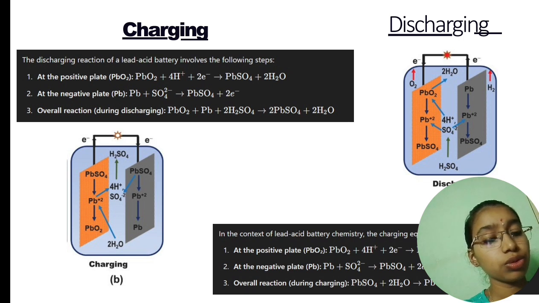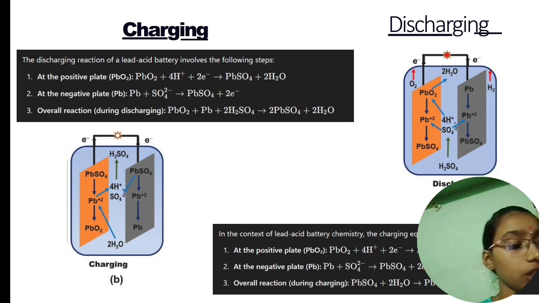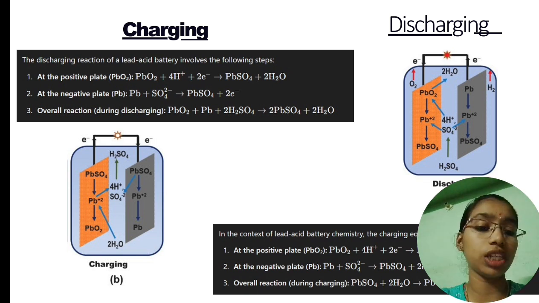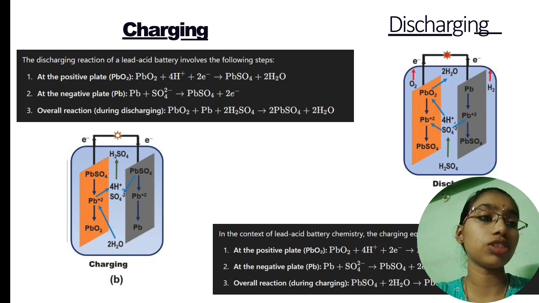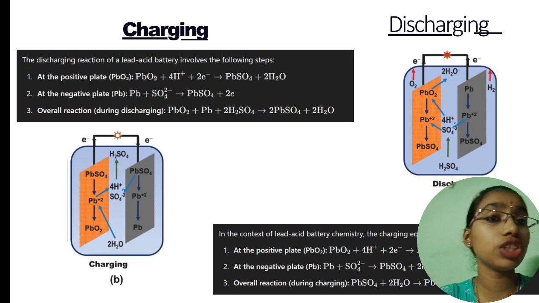Then Pb2+ ions combine with sulfate ions and form PbSO4. The net cell reaction for discharging is Pb + PbO2 + 4H+ + 2SO4 2- gives 2PbSO4 + 2H2O + energy released.